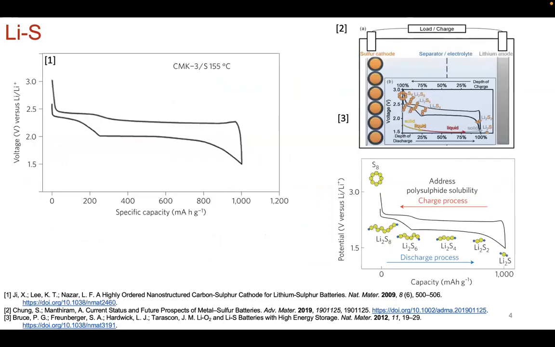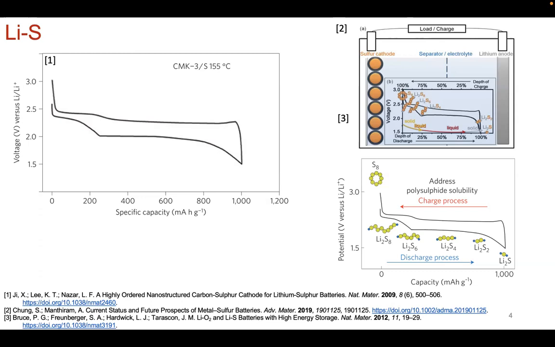Okay, so going back to where it all started, in terms of encapsulating sulfur so that you suppress the polysulfide shuttling and also accommodate the sulfur expansion, we looked at Linda Nazar's paper back in the day on putting sulfur into ordered mesocarbon.